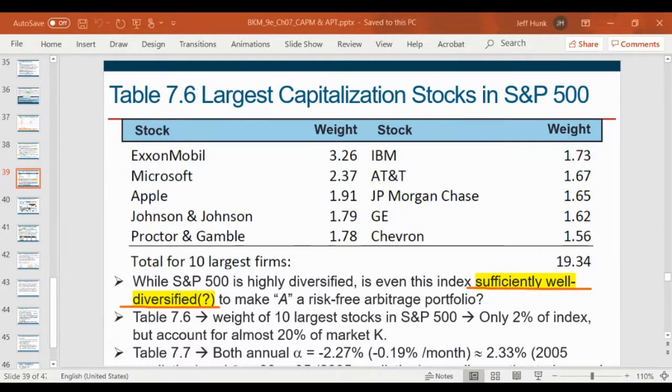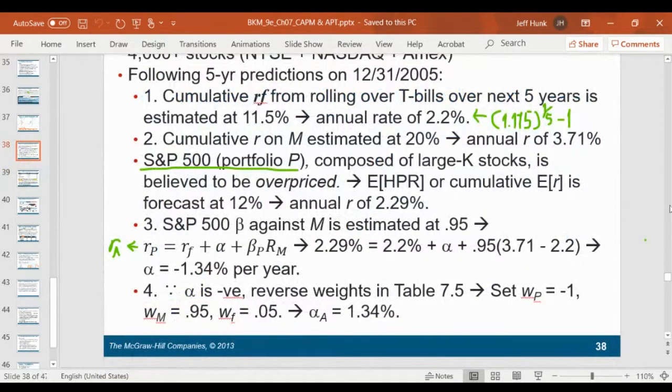So, in our last session, we took a look at an example of how we construct an arbitrage portfolio and exploit the arbitrage, which is zero investment, risk-free alpha, that extra alpha.